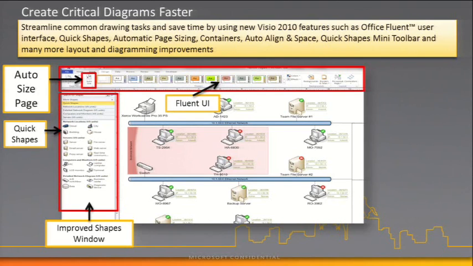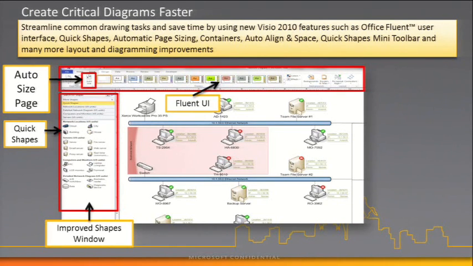So in the past, you maybe opened up like the servers stencil, and you've got a huge list of servers, and probably the two server shapes that you use the most are halfway down the list or at the bottom of the list, right? You can't customize that. But now you can simply drag those shapes into the quick shapes list at the top of the stencil, and they're right there at the top where you need them.